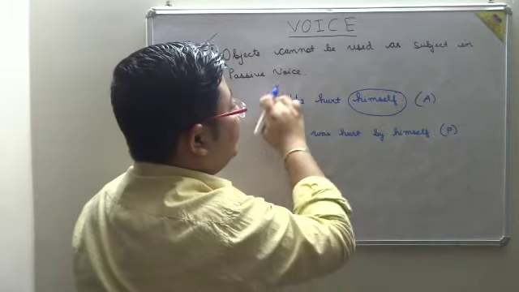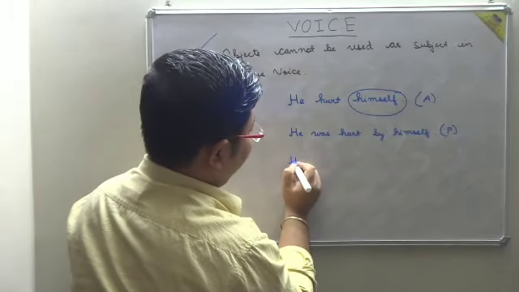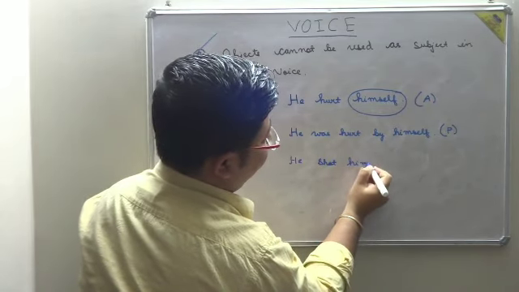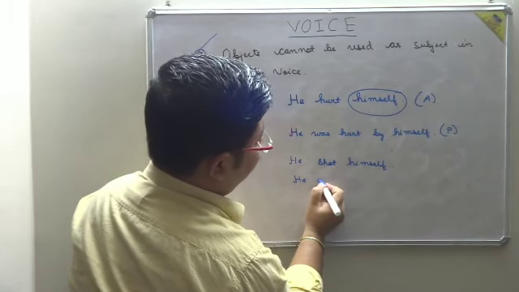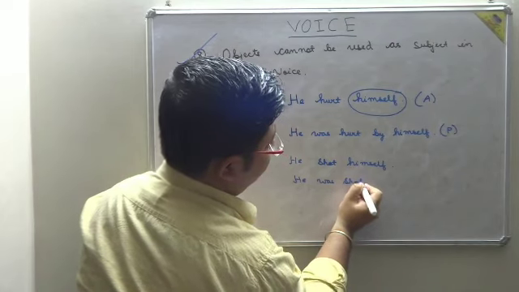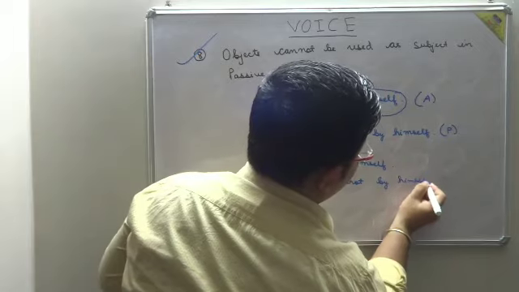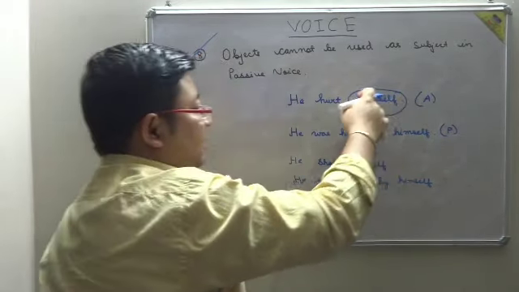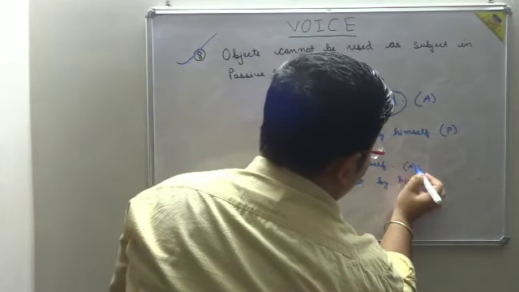There are some certain sentences. He hurt himself. Next example, he shot himself. I can write it as he was shot by himself. I cannot use these objects as subject in passive voice.